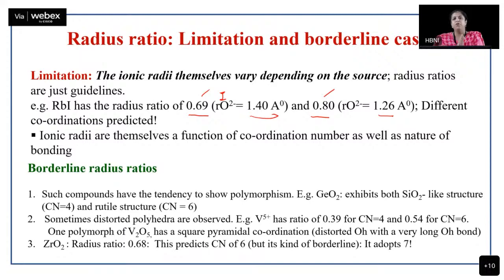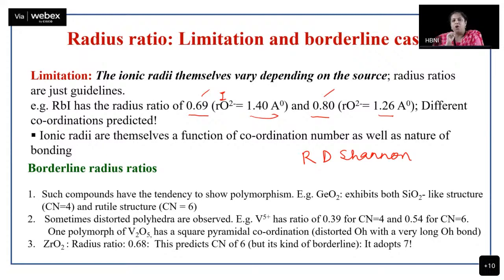Also, I'll give you a reference. There is something called, most of you probably know, R.D. Shannon. This is where I take my ionic radii value from if I have to do some particular calculation. There, when he mentions the ionic radii for a particular ion, he also mentions the coordination number.